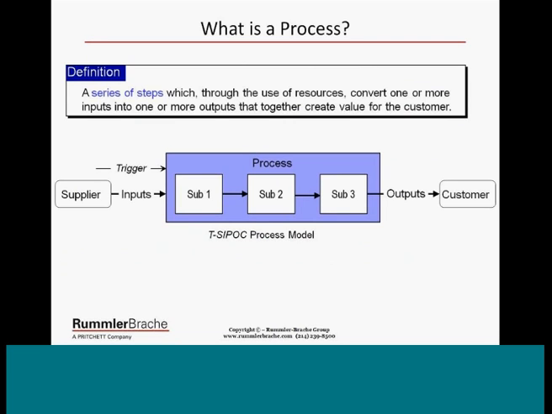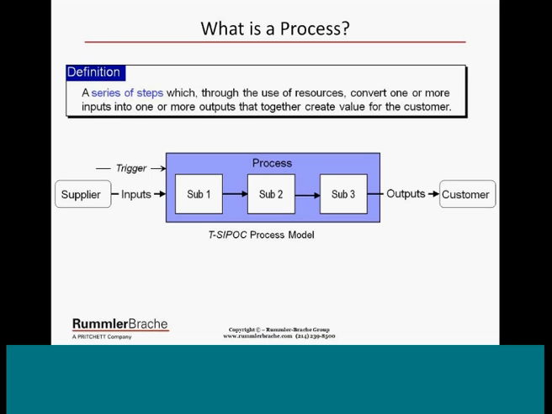So, what is a process? For us, at least from a structural standpoint, a process has some very basic components. If you look at any process, the first thing you need to understand is what is the output? What is that thing of value that's being created for some recipient or customer of that process? Then you have to understand on the boundary at the front, or the right-hand side, what's the trigger?